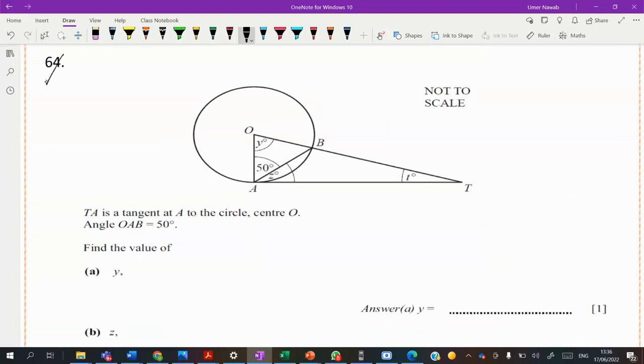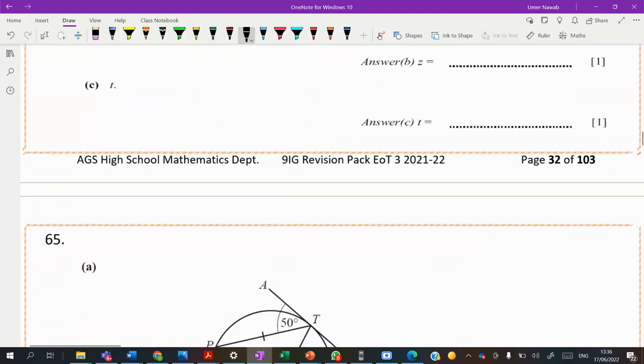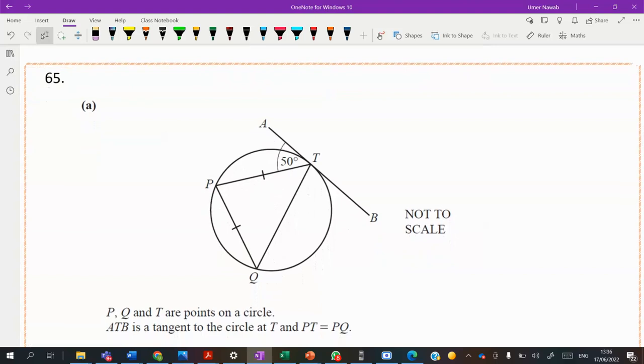This question is repeated. I'm not going to solve it. Go to the question number 65, boys. So 65, I have a tangent, and this angle, this is a chord. PT is a chord, and AB is a tangent. Remember the property of alternate segment theorem I told you?